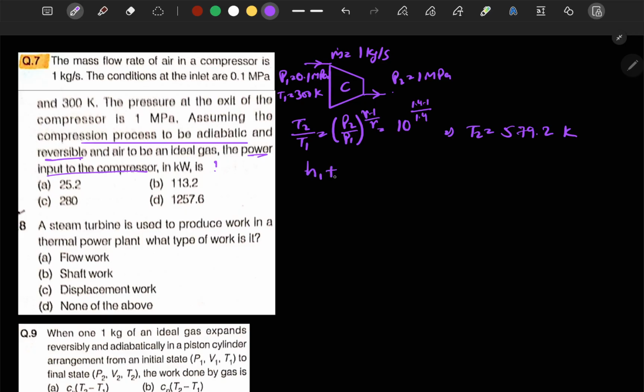Since we have to calculate power, we can calculate the compressor power using the steady flow energy equation. We get H1 plus Q is equal to H2 plus W, and since Q is 0 as it is adiabatic, W is equal to H1 minus H2.